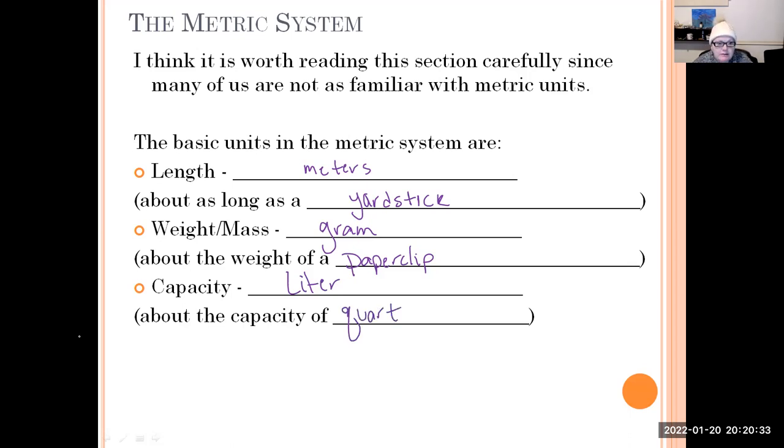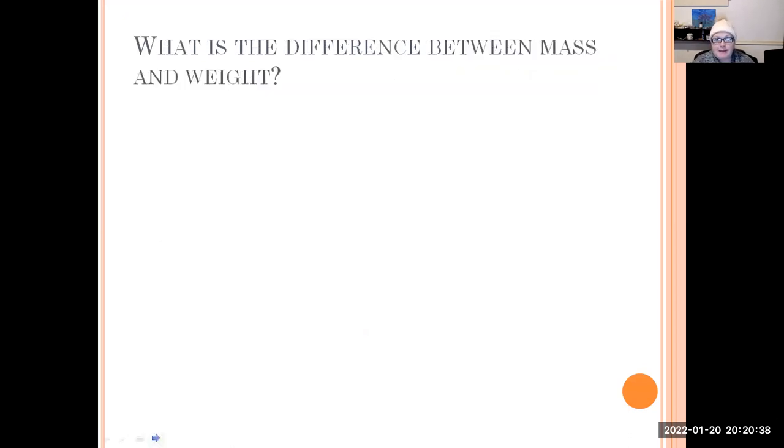All right. What is the difference between mass and weight? If you remember, we talked about in class, mass is, as someone mentioned, the amount of space something takes up, and I like the way they put that. But weight is the mass times gravity.